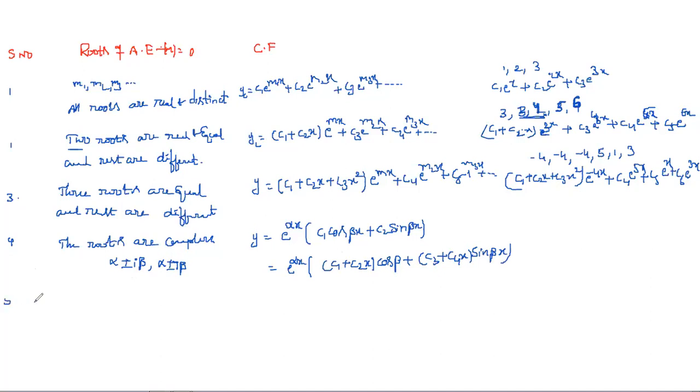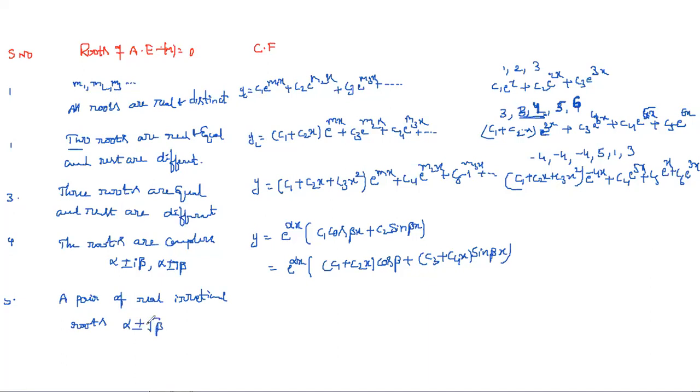Next, suppose the roots are a pair of real irrational roots, that is alpha plus or minus root beta.